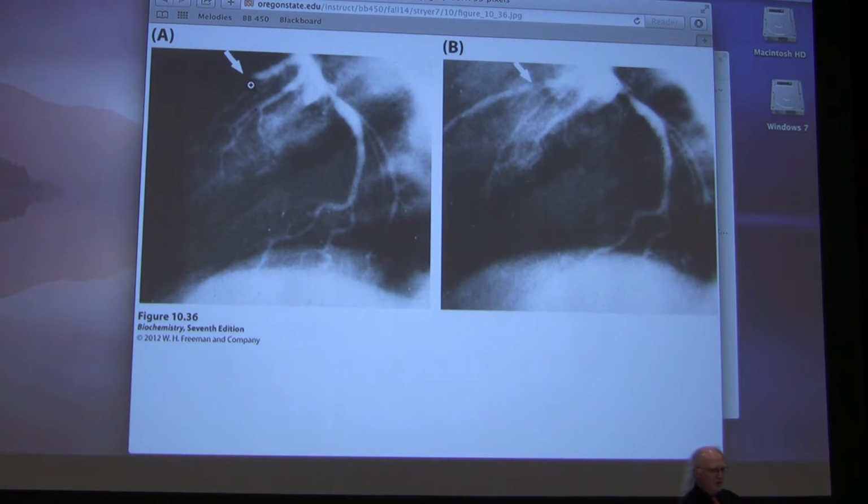You can see the clot, the blockage right there. The blood flow is shown in white. That clot was dissolved by the addition of tissue plasminogen activator directly into the bloodstream, which activated plasminogen to become plasmin, and plasmin broke down the clot, and you can see that the blood flow resumed as a result of that.